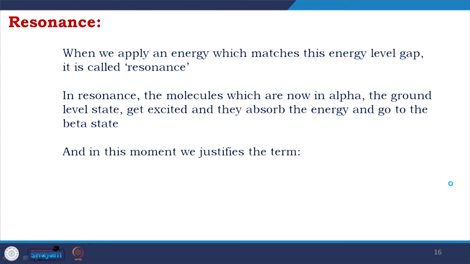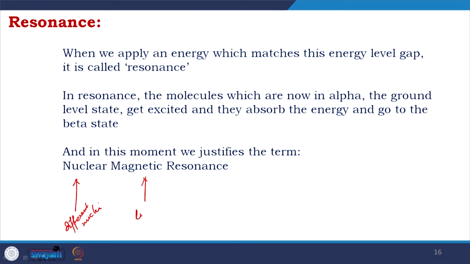And at this moment, we justify the term nuclear magnetic resonance, because we talk about different nuclei, we talk about how these tiny magnets are formed because of charge coming from the proton and spin coming from the nucleon, and now we know the resonance, the matching of the gap.